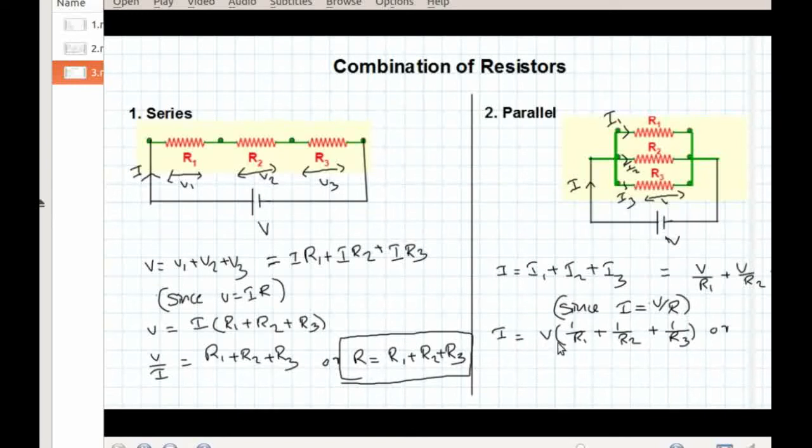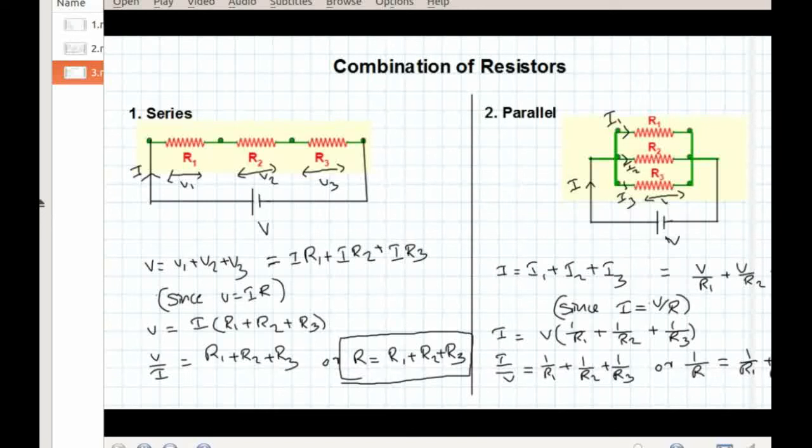Now this equation will become I by V is equal to 1 by R1 plus 1 by R2 plus 1 by R3. And what is I by V? I by V will be 1 by R. From Ohm's law, I by V should be 1 by R. Therefore, 1 by R is equal to 1 by R1 plus 1 by R2 plus 1 by R3.